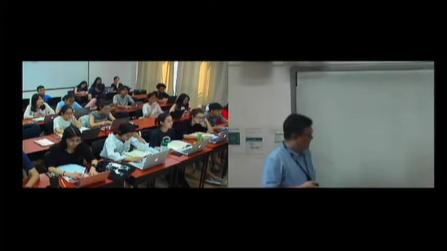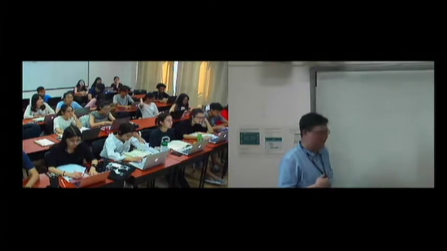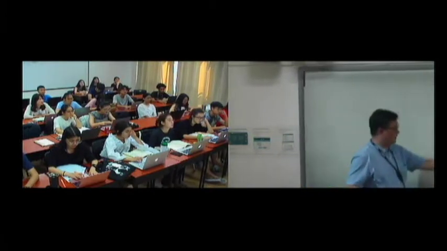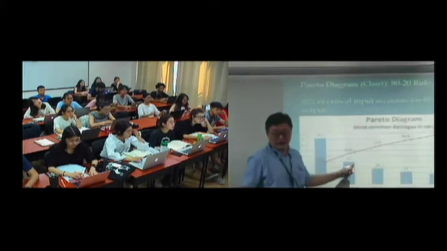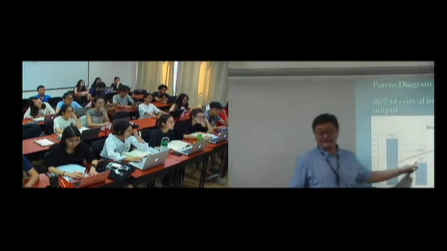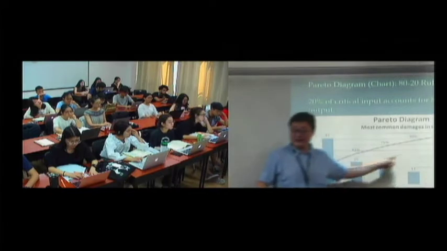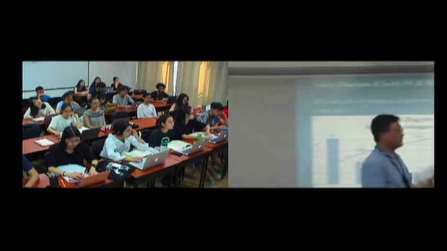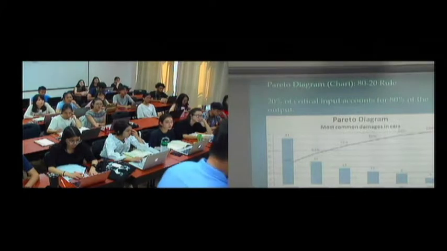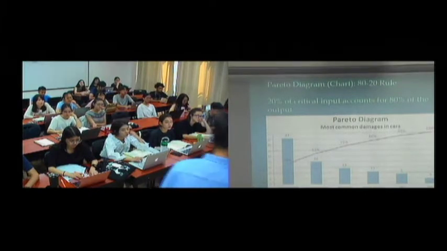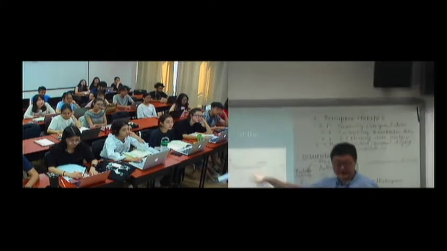I'll return back to here. This is the display of the cumulative frequency distribution, and we call this a line graph. So when we have a cumulative distribution, we can display that information in the form of a line graph.